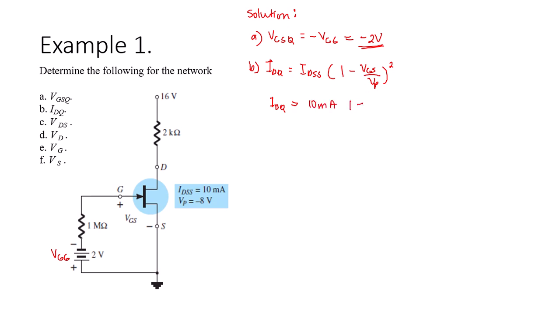So we have 1 minus the VGS, which is already computed, equal to negative 2, over the pinch-off voltage given with a value of negative 8 volts, the quantity squared.